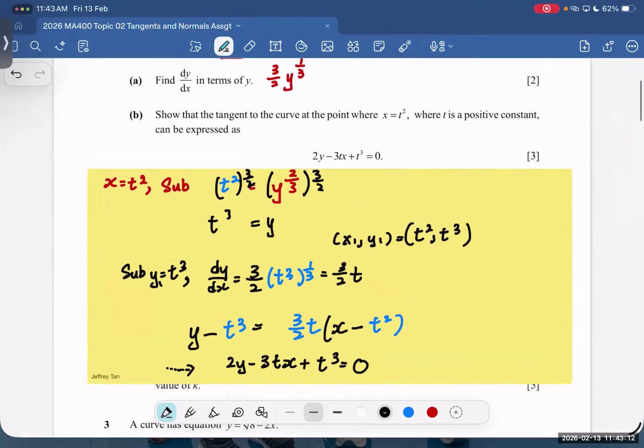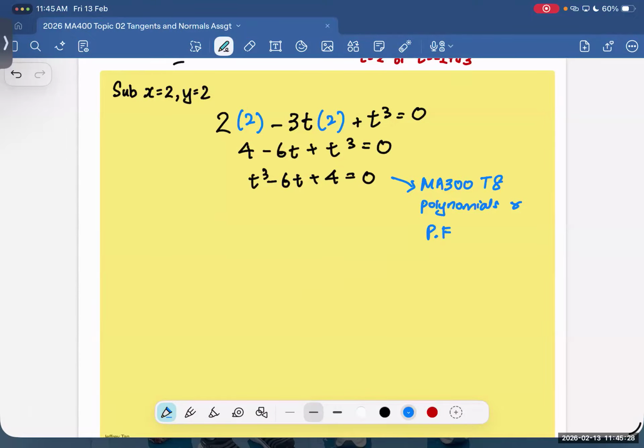Then usually we put the highest power at the front, and voila: t cubed minus 6t plus 4. Okay, I see a cubic equation. Then what do I think about? I think about MA 300 topic 8, polynomials and partial fractions. You may have forgotten, but there is one chapter that talks about solving cubic equations. So what do we do? Anyone remember?